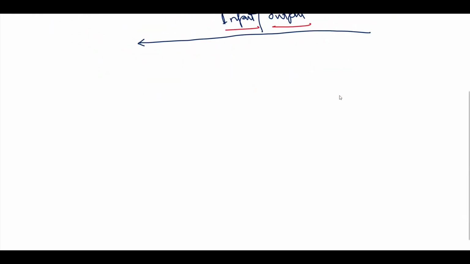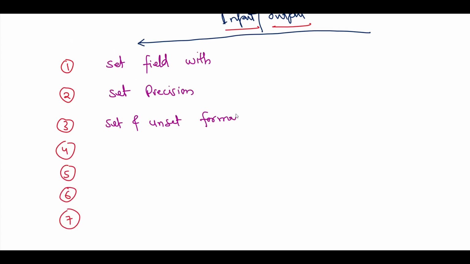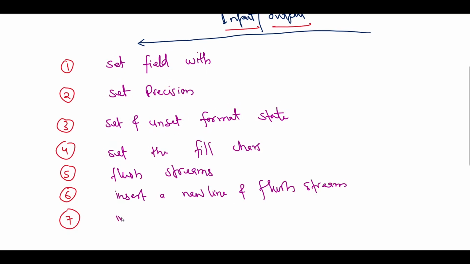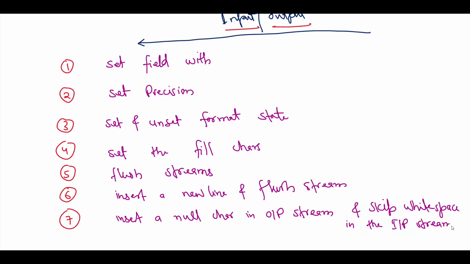In C++, stream manipulators provide us many capabilities, and some of them I am mentioning here. I am going to provide you 7 examples. The first thing is setting field width, and you can set the field width using width and setw.